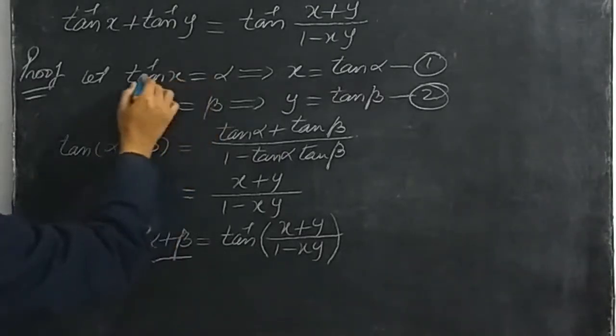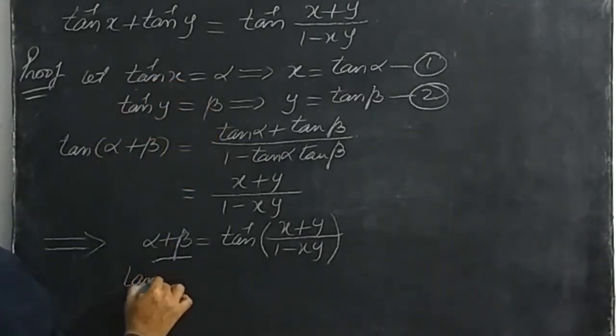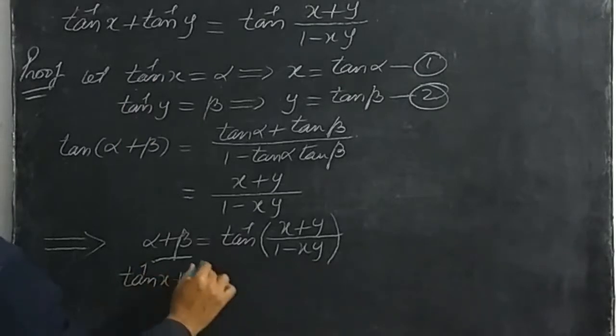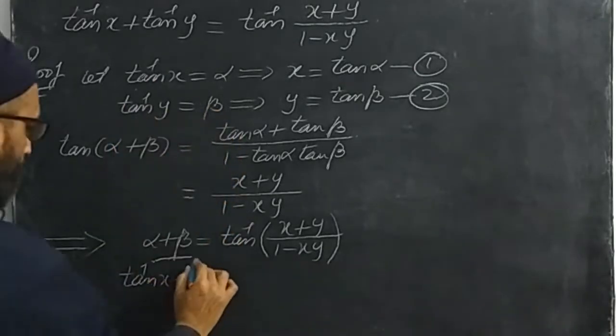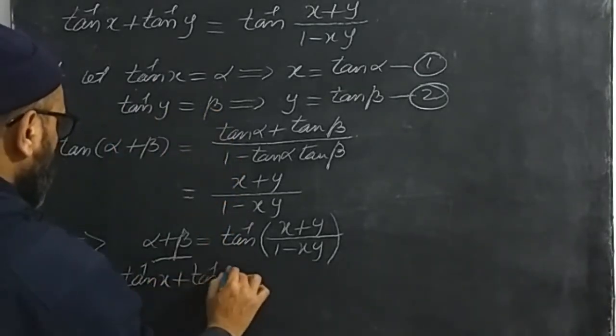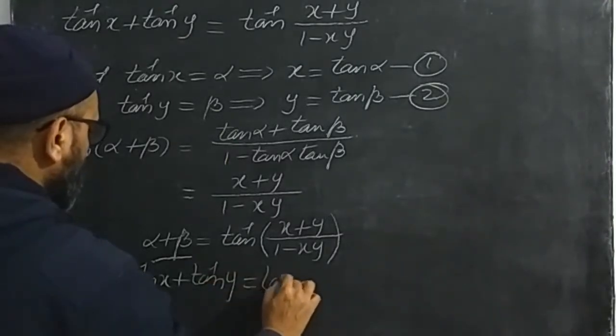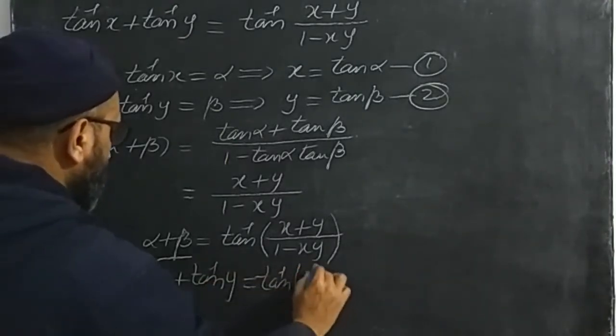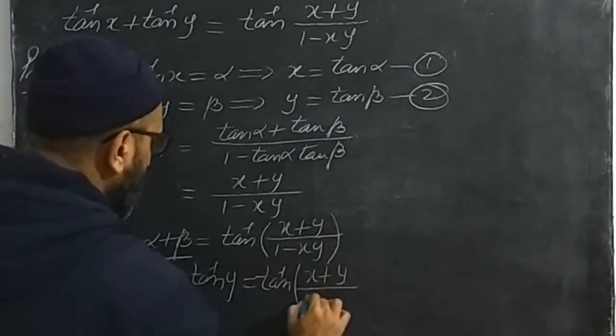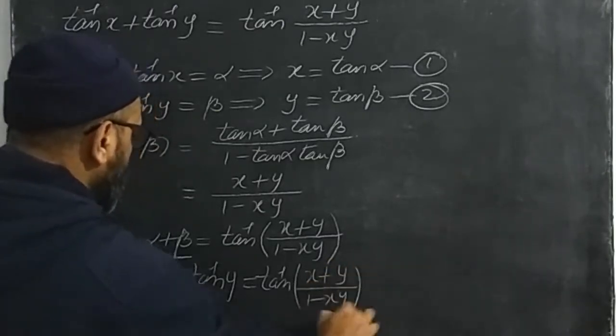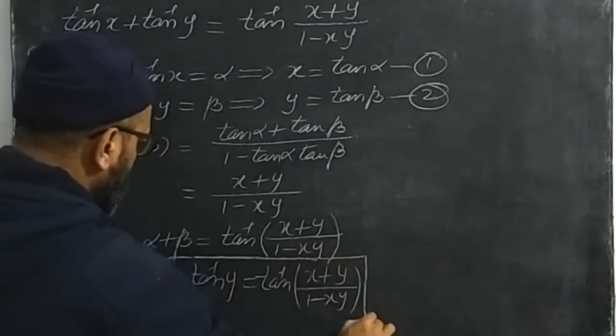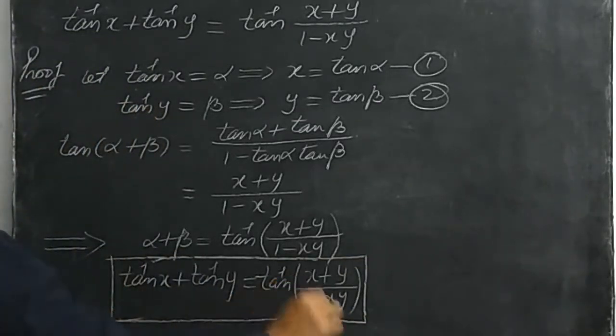So we get on the left hand side tan inverse x plus tan inverse y is equal to tan inverse of x plus y upon 1 minus xy. So this way we have proved the formula.